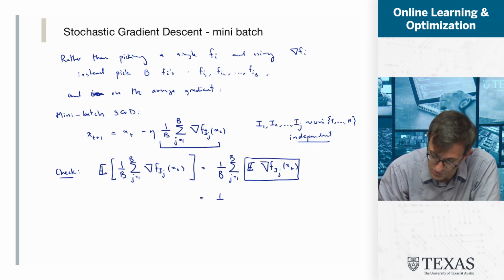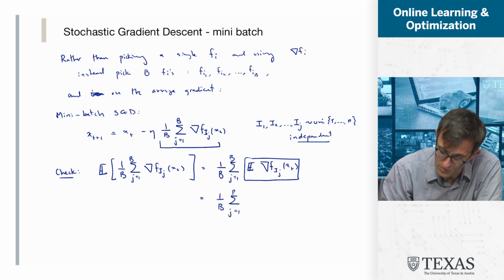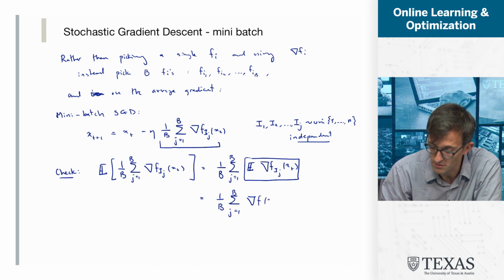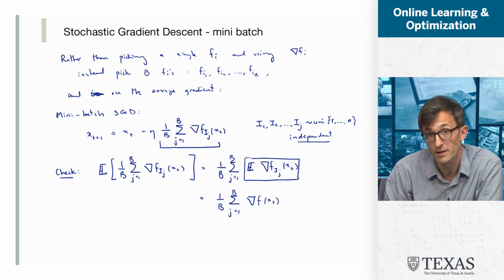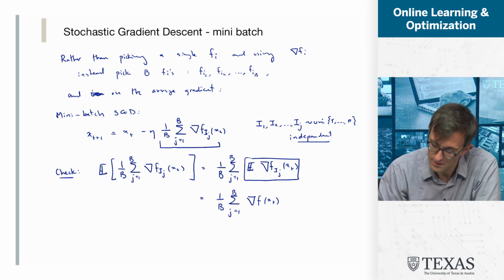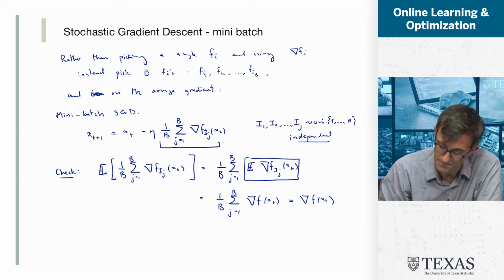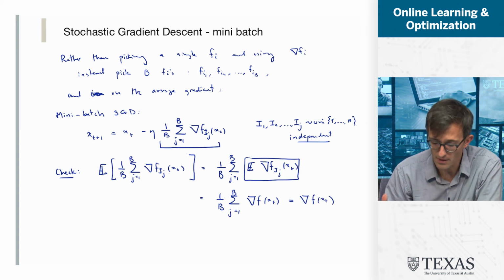So this is equal to 1 over b times the sum from j equals 1 to b of the gradient of f of x_t. And now you can see why I needed to normalize by 1 over b. This is exactly equal to the gradient of f of x_t. So this is indeed exactly what we wanted. Does it help?